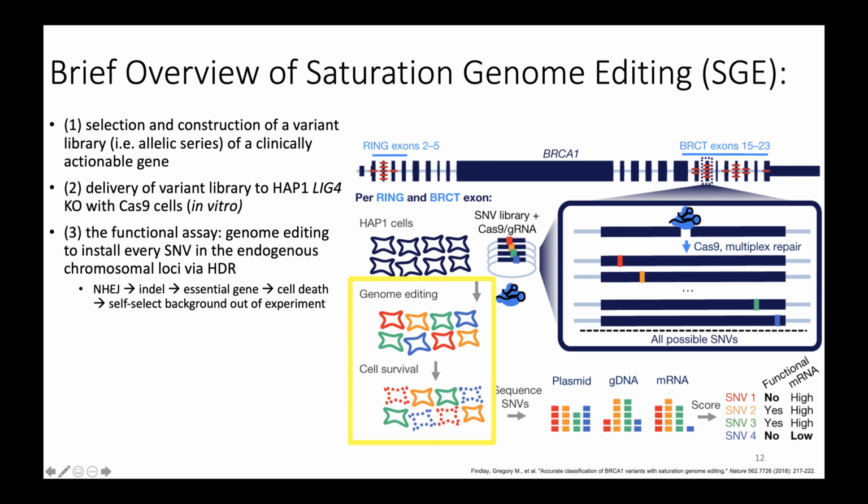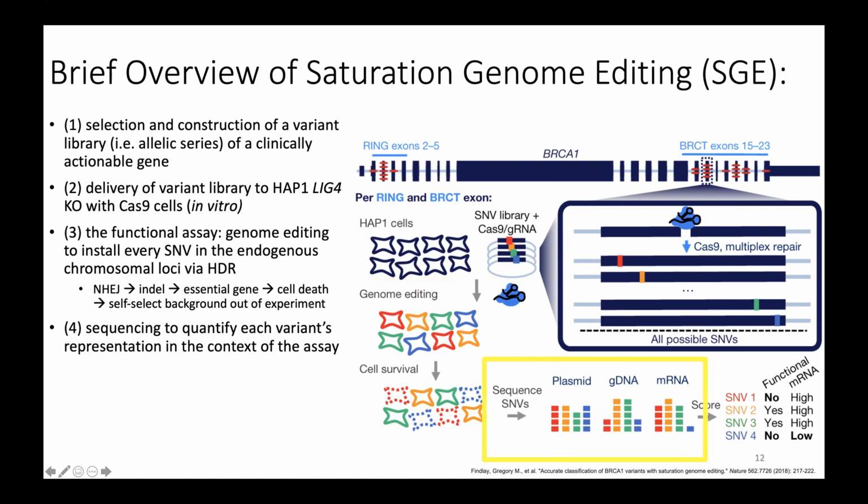But when you get non-homologous end joining, you're most likely going to get a frame-shifting indel. And we are targeting essential genes in the HAP1 cell line. So a frame-shifting indel in an essential gene is going to lead to cell death, and therefore self-selection of these background mutations out of the experiment, leaving us with only the HDR incorporated variants from our library of HDR templates.